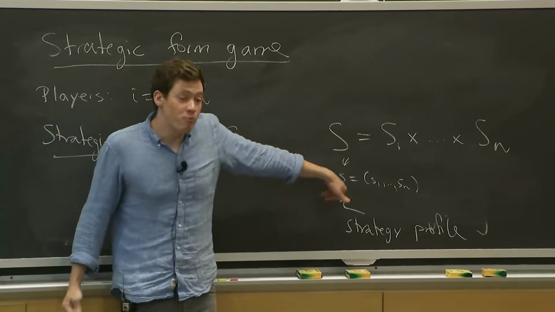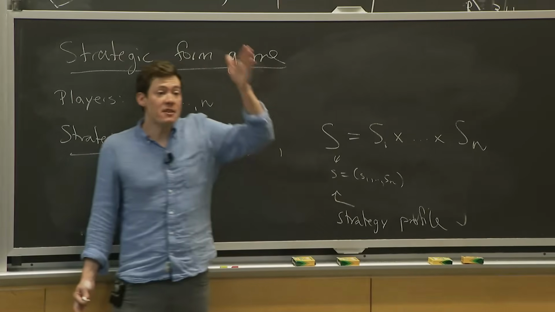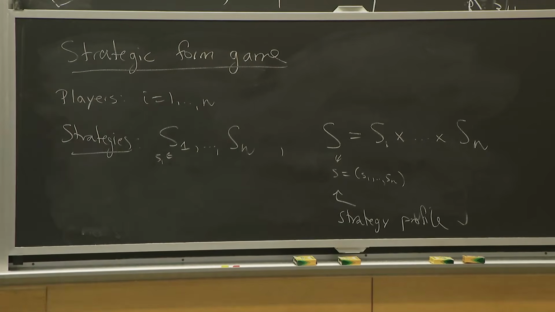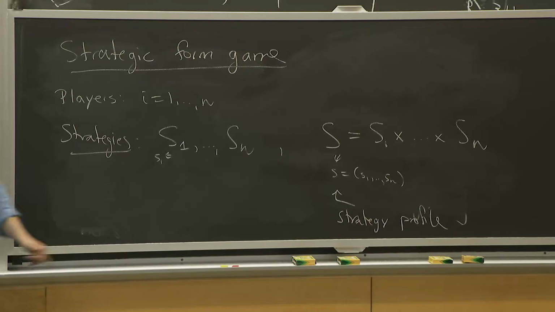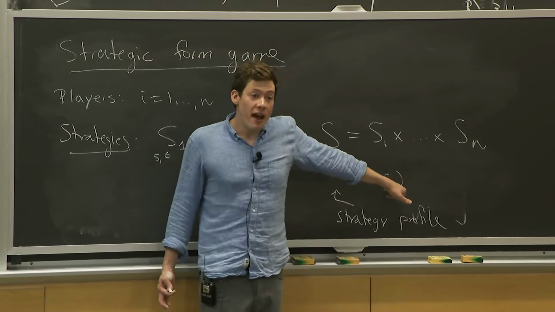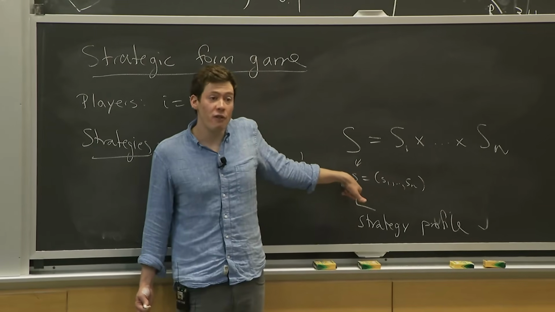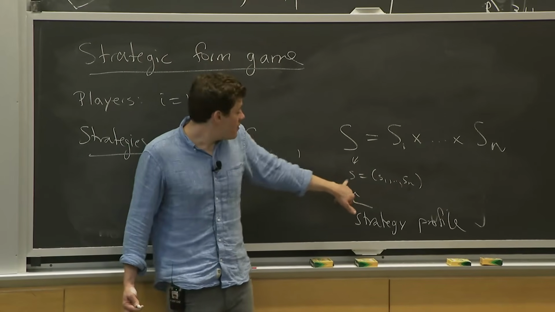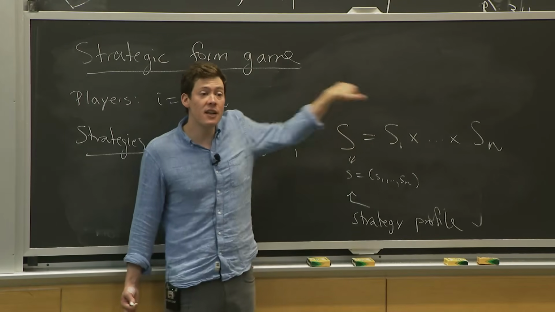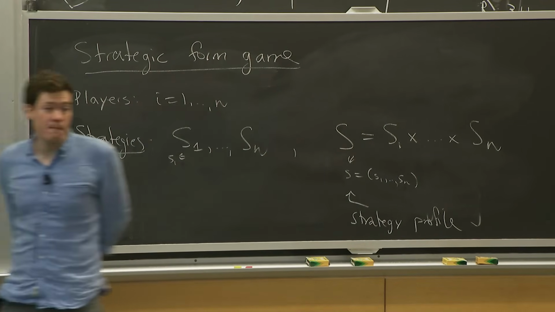Little s is a profile of strategies. It specifies a strategy for player 1, a strategy for player 2, all the way up to a strategy for player n. So sn is the strategy by player n in the particular strategy profile s. This strategy profile s lives in this set big S. This is the collection of all strategy profiles in the game.